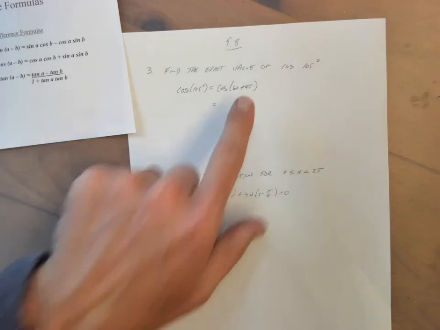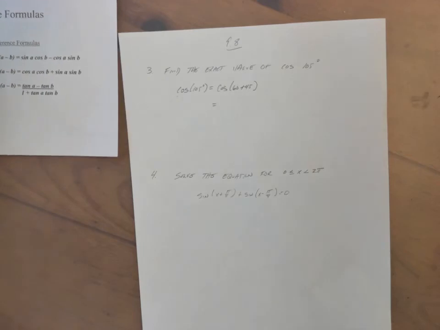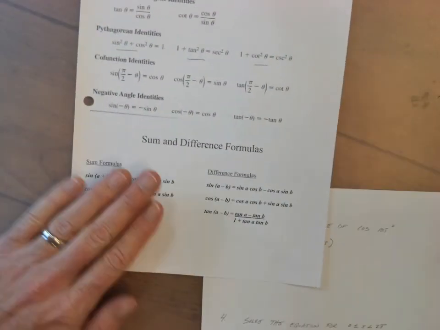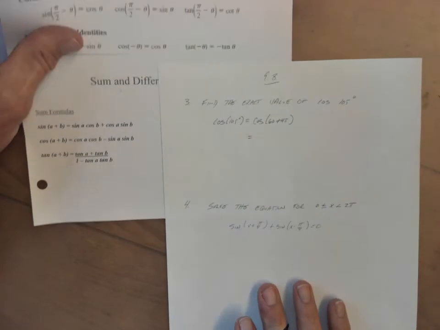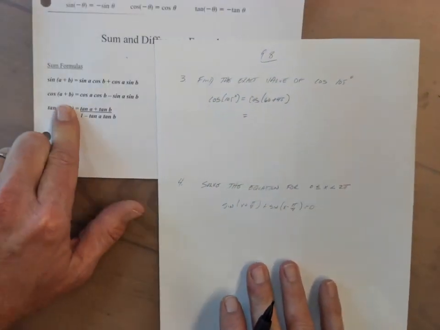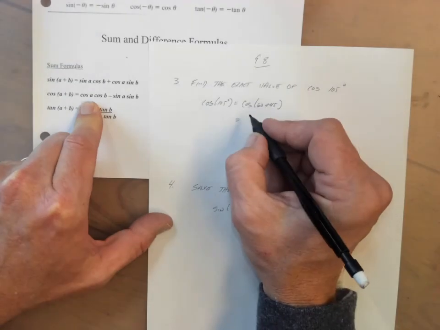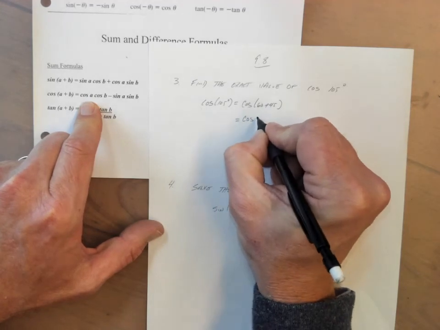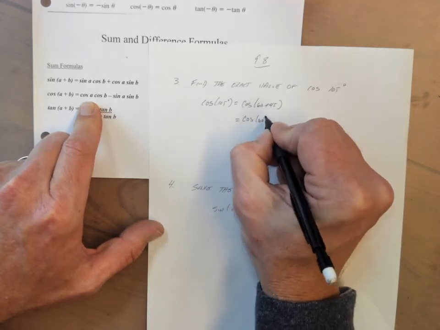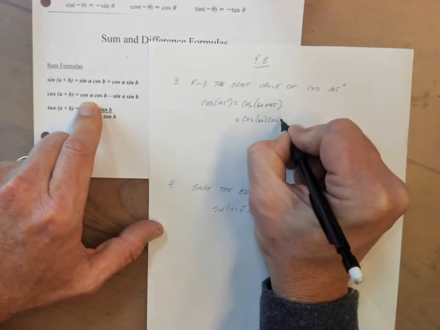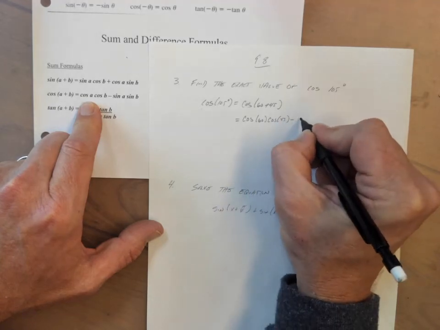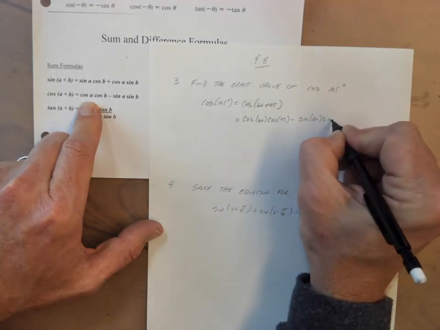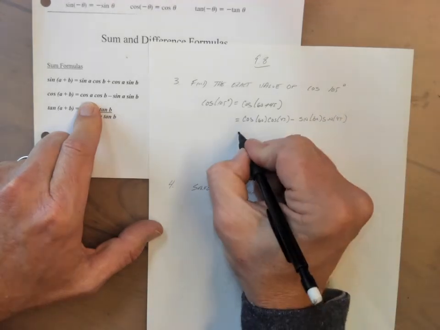And I know those are two special triangles, so we can figure out the exact values there. So again, we're going to use our cosine sum formula. So 60 is A and 45 would be B. So we have the cosine of 60 times the cosine of 45 minus sine 60 sine 45.